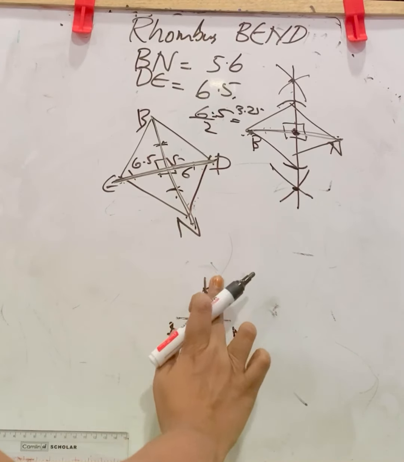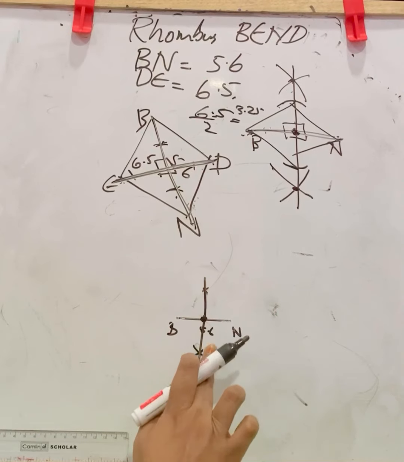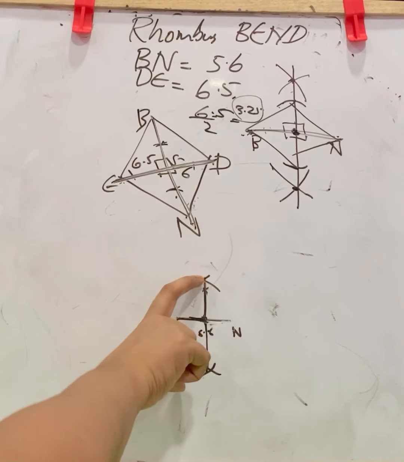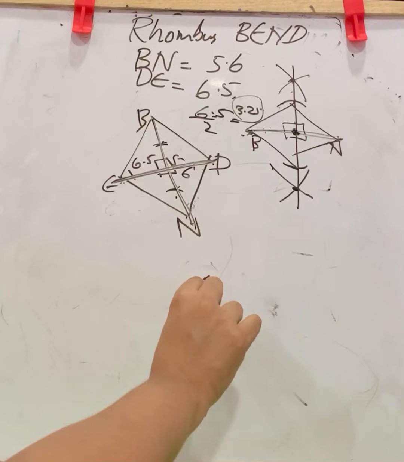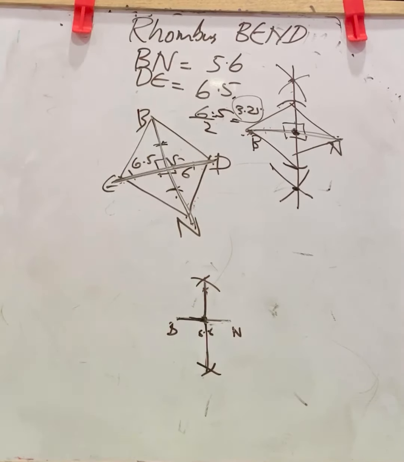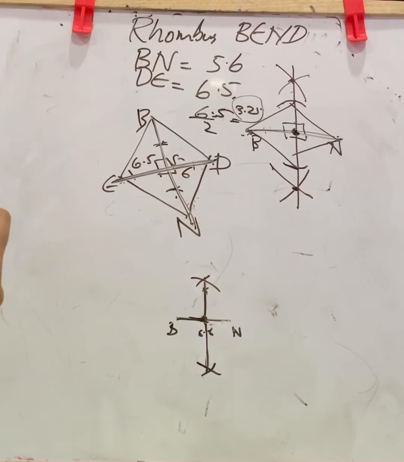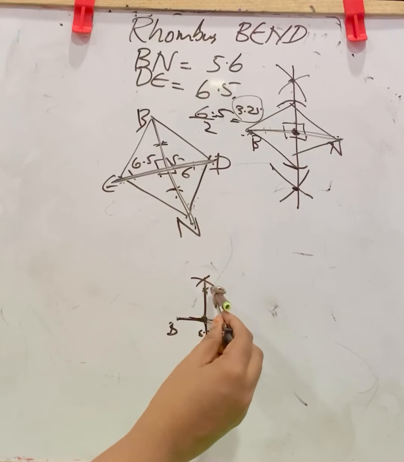This is the midpoint here. Now on this line, that is the other diagonal, we will take 3.25 because it is half of 6.5. The total length of this diagonal is 6.5. We need half of it, then only we can mark the arcs. So we will take 3.25 in the compass.